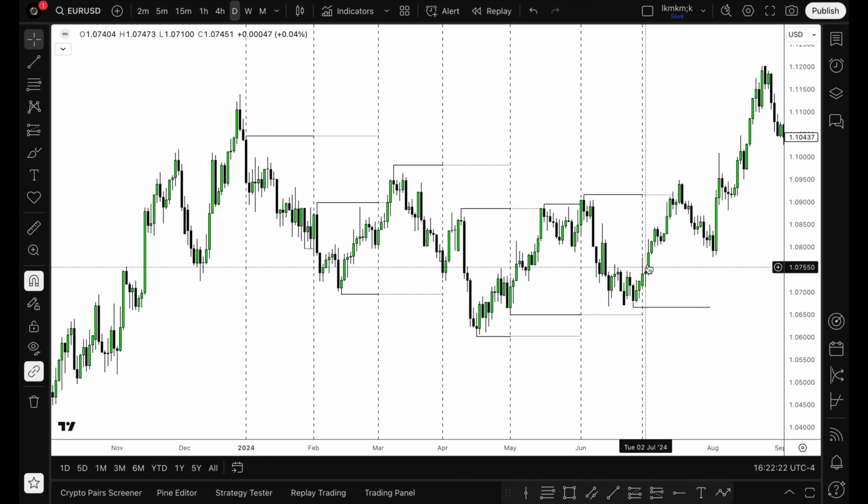And then price rallied to the upside again to take out June's high. And then again, as it's been doing the previous months, it reacts to June's high, not once, but twice. Then it moves to the downside.